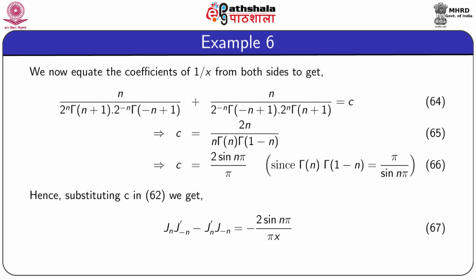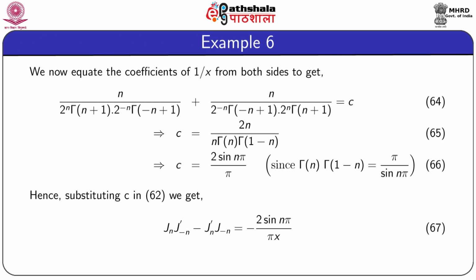Now, we equate the coefficient of 1/x from both sides, and we get n/(2^n Γ(n+1)) · 2^{-n}/Γ(-n+1) + n/(2^{-n} Γ(-n+1)) · 2^n/Γ(n+1) equal to c, which after simplification gives c equal to 2n divided by n Γ(n) Γ(1-n), and hence c equal to 2 sin nπ divided by π, since Γ(n) Γ(1-n) equals π/sin πx.